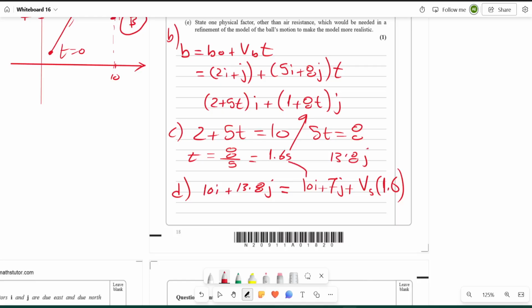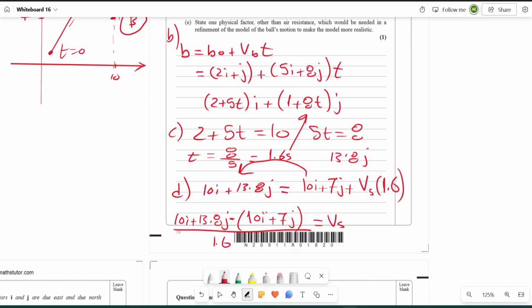So I'm going to move this to the other side: 10i plus 13.8j minus 10i plus 7j. And I'm going to divide by 1.6 on both sides, so 1 over 1.6 times that is going to equal the velocity of the boy.